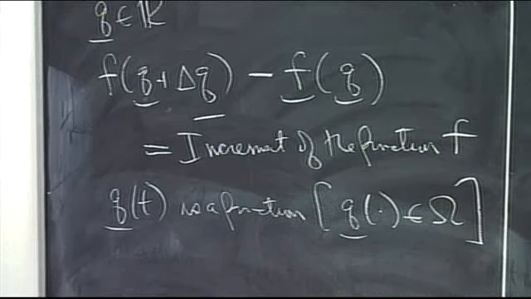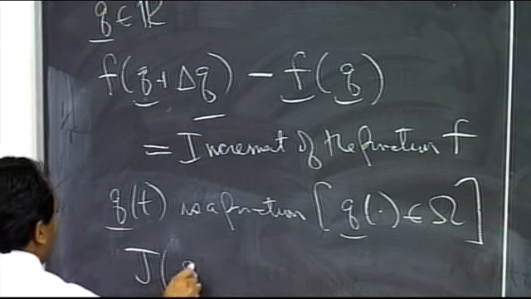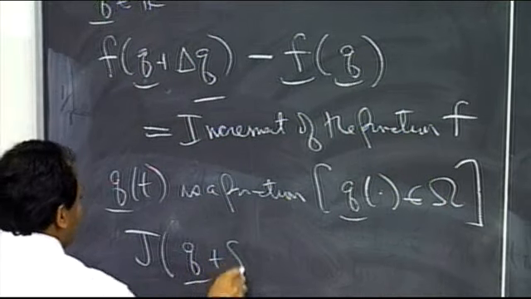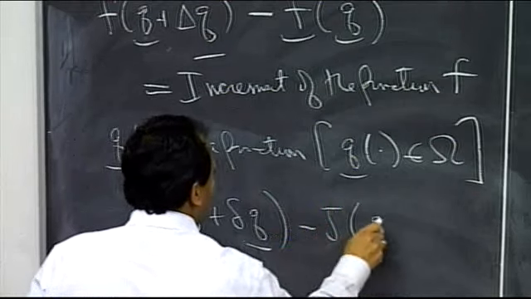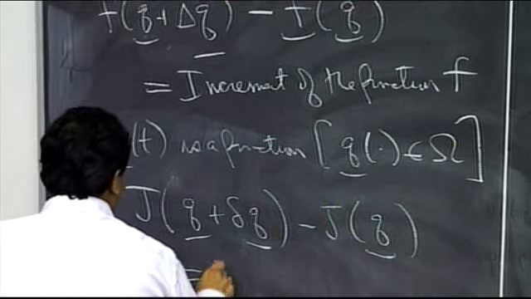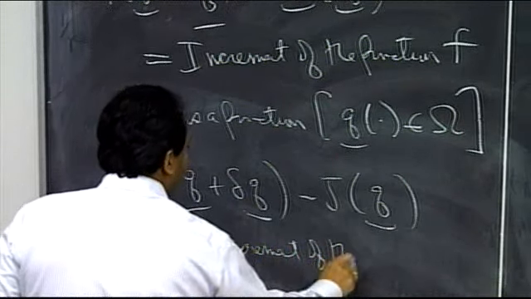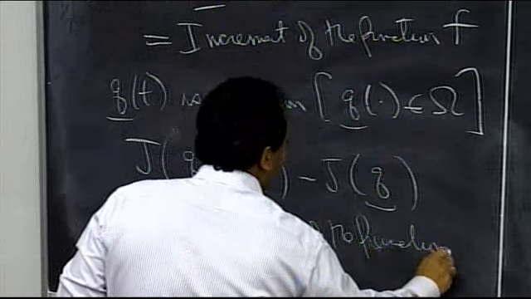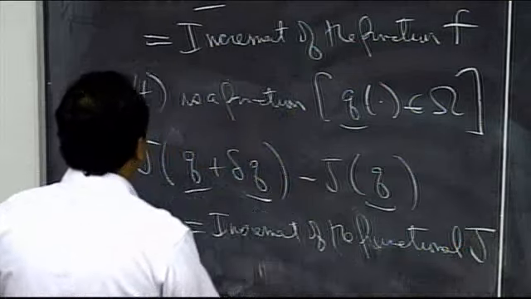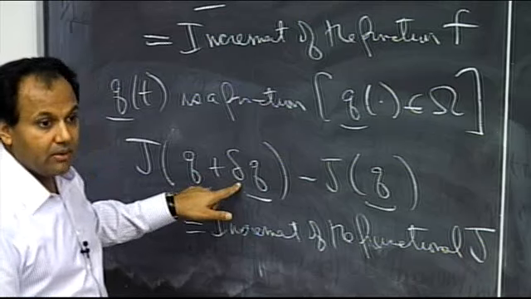Now I can say J, which is my functional now, of Q plus delta Q, which is a little delta now, minus J of Q is the increment of the functional J. Notice that the difference here is that this is not a point, so I don't use a big delta anymore.